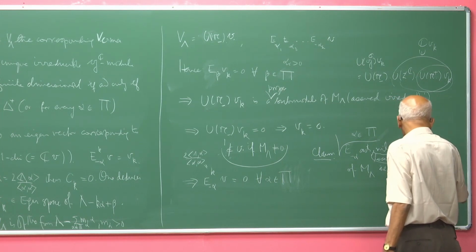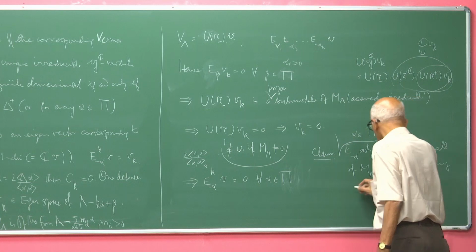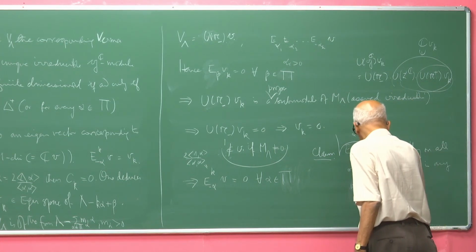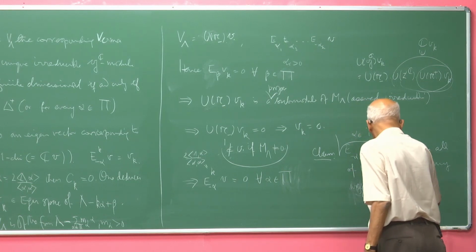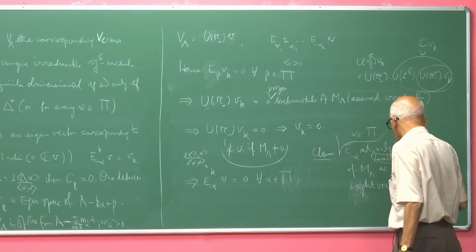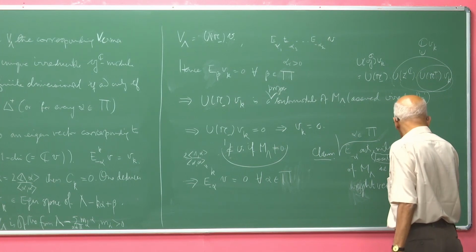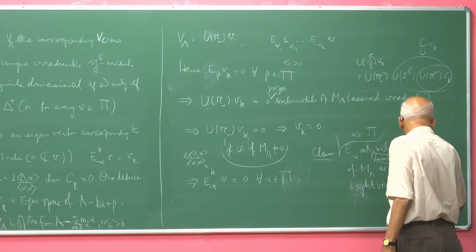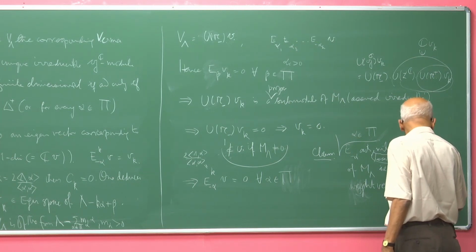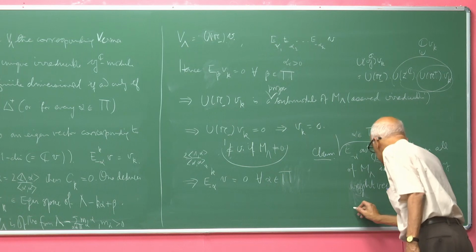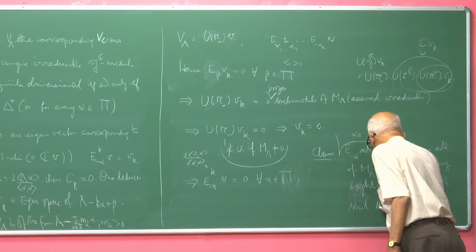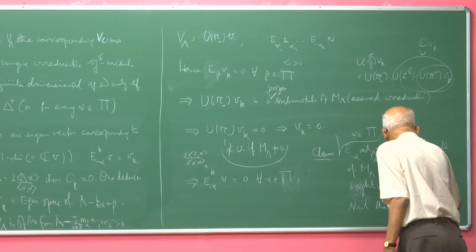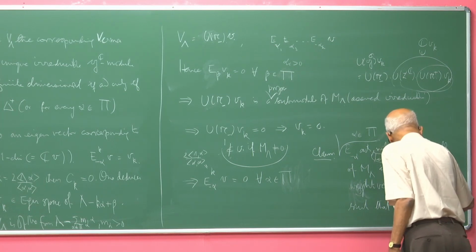If W is any weight vector, then there exists n W alpha, an integer, such that E alpha power n W alpha on the vector W is 0.